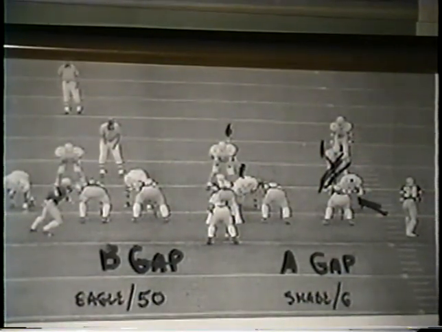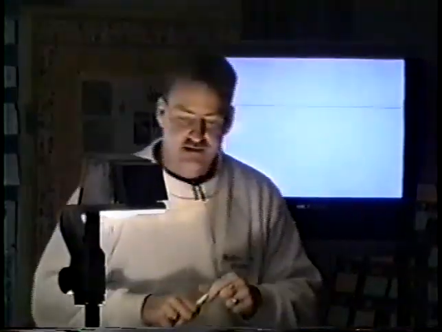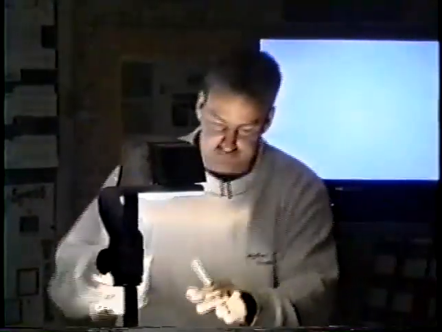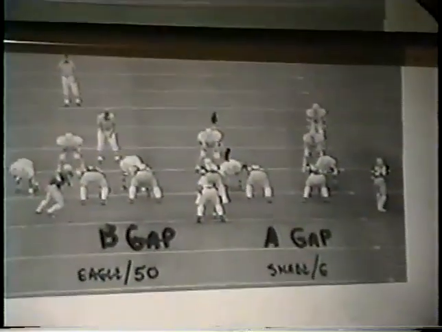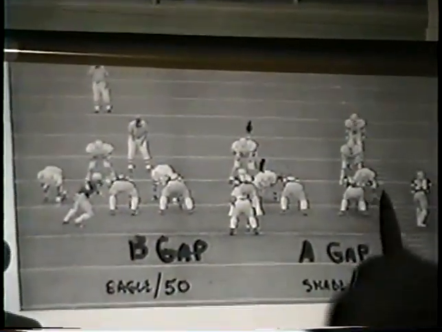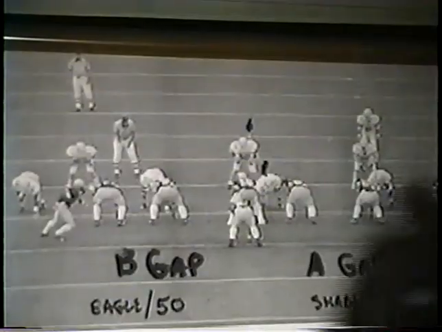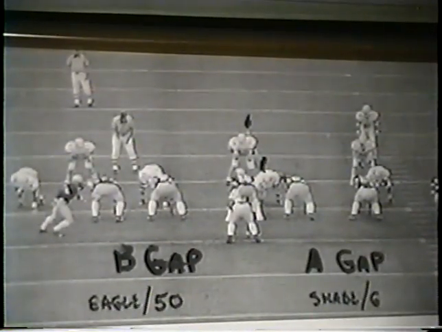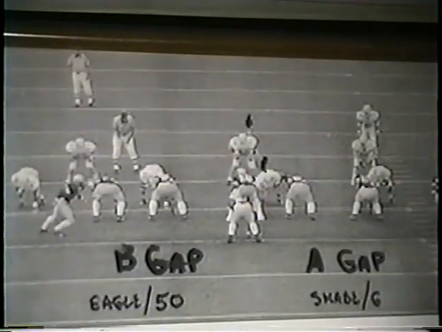Correct. They both are. I tell you, one of the problems with reading the stack, one problem that we faced, and I'll tell you how we try to solve it. What did I say most 4-3 teams do against us?